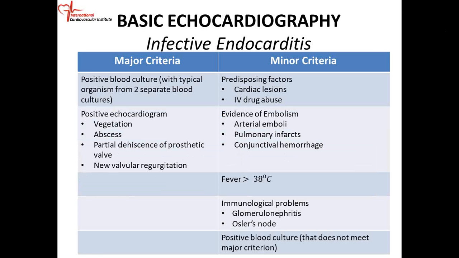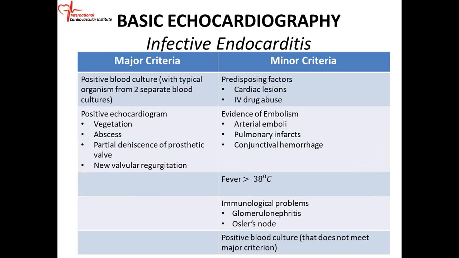And then for the minor criteria, we have a bunch of the minor criteria, but if you have enough of them, you can have a possible and a definite diagnosis. So the minor criteria, if the patient has had, say, a predisposing cardiac lesion, for instance rheumatic mitral valvular disease in the past, then they're at increased risk for endocarditis.